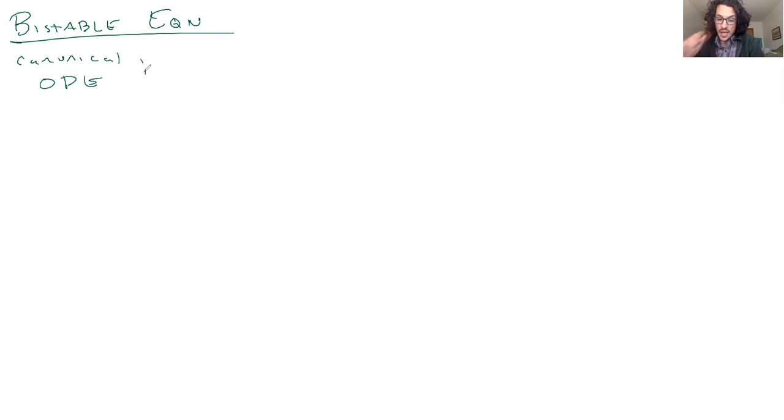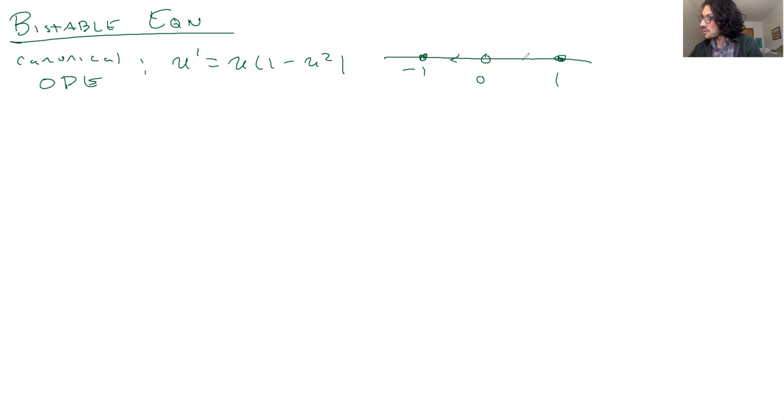And as we discussed last time, if we couple together adjacent bistable ODEs, then we can propagate the states of one system to another. Okay, so what do I mean by this?